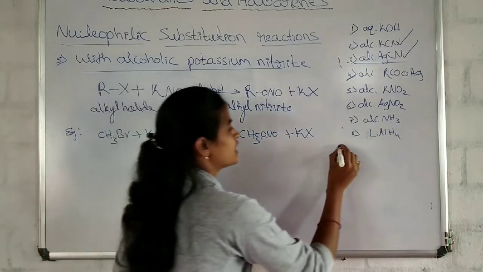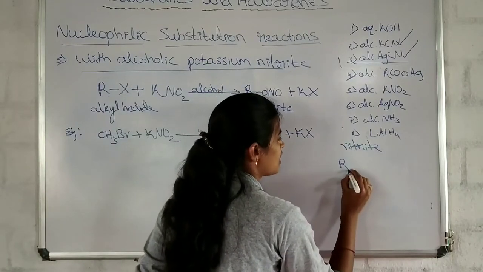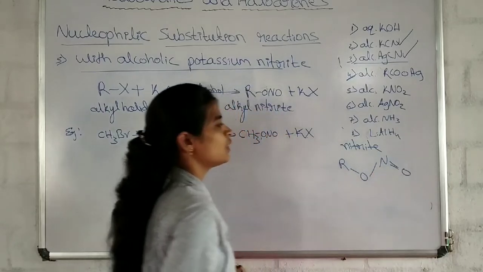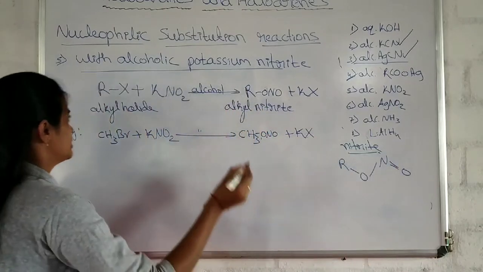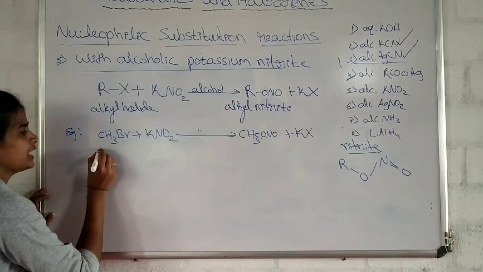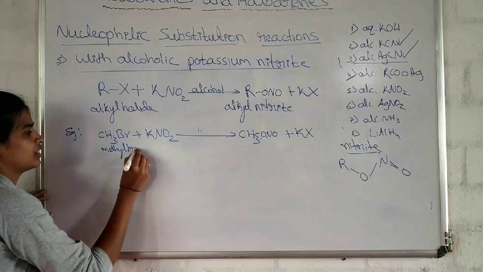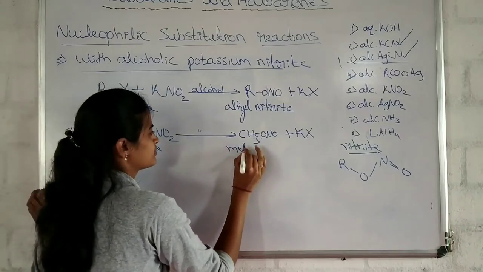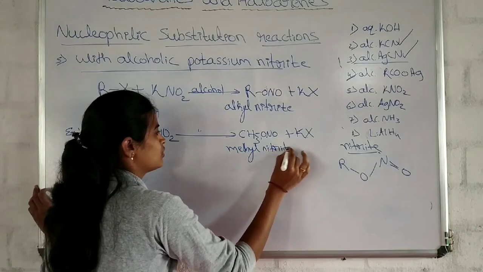See, nitrite means R-O-N=O. This is what? Nitrite. Methyl bromide gives methyl nitrite. Hope you are getting the point.